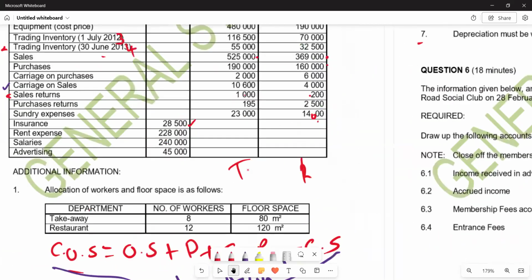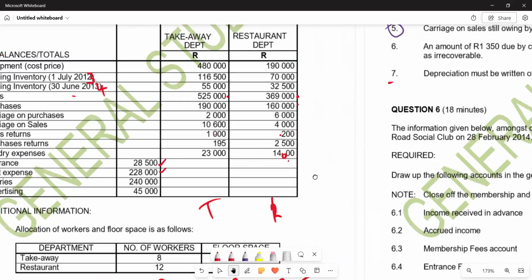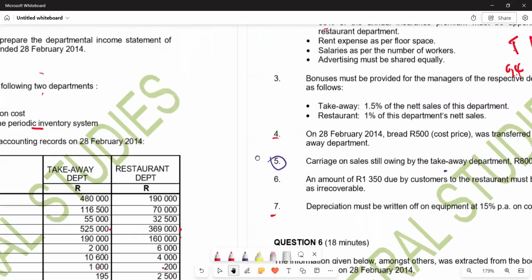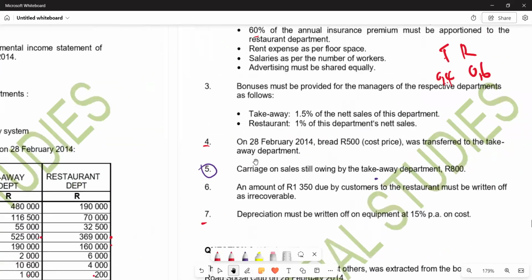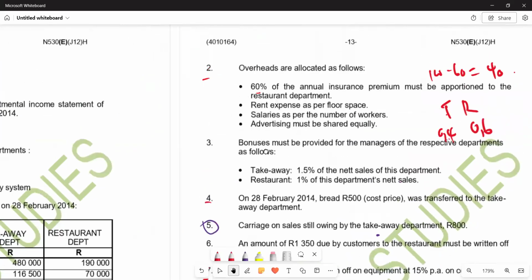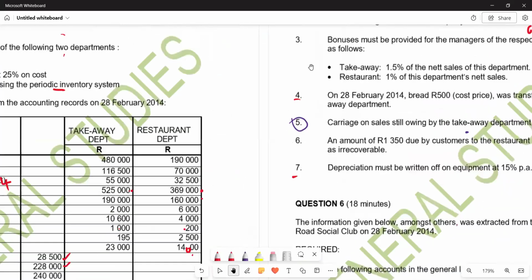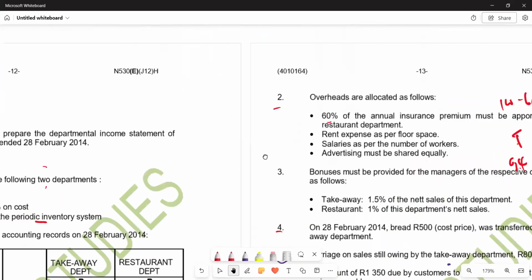So the next one is the rent expense. So on rent expense, we are going to check again. First of all, you have to check if there's any adjustment that is affecting the rent. So we have to go through everything to check if we have got anything that is affecting our rent. But you'll see that we have nothing that is affecting our rent.